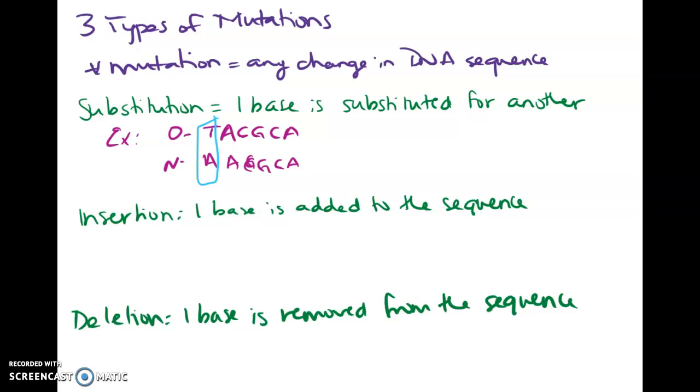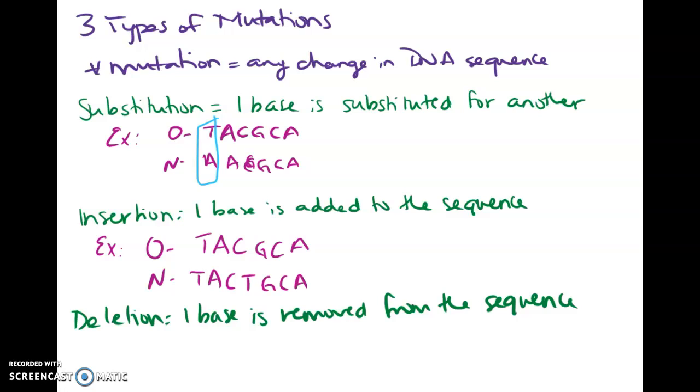All right, for insertion, an example would be, we have our original strand, and we'll still stick with TACGCA. But then our new strand, after the insertion takes place, let's just say there was a T that was added in.